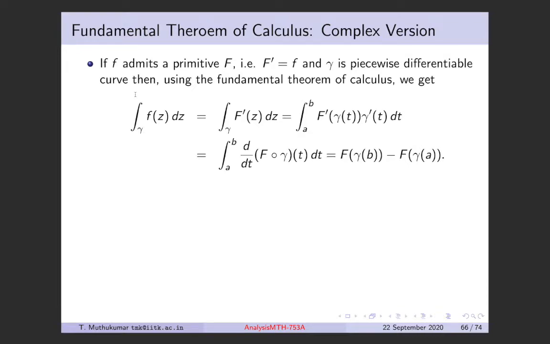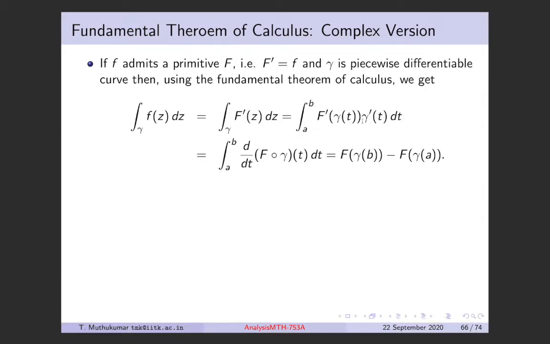Then from the fundamental theorem of calculus itself, we know that the integral of f over gamma, by definition, is an integral over a to b of f of gamma of t times gamma prime of t. But f is given to have a primitive, so f is the derivative of capital F. By the definition of the contour integral, this is now a real integral, just the Riemann integral of this quantity.